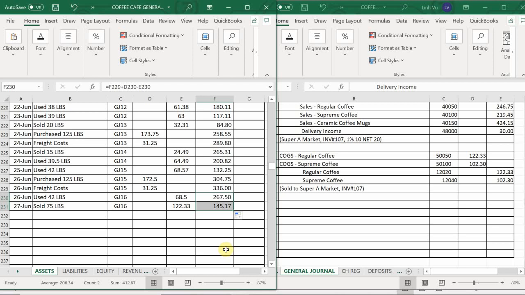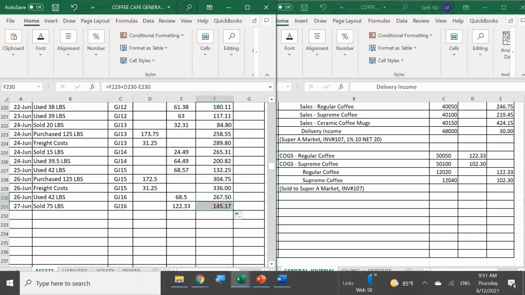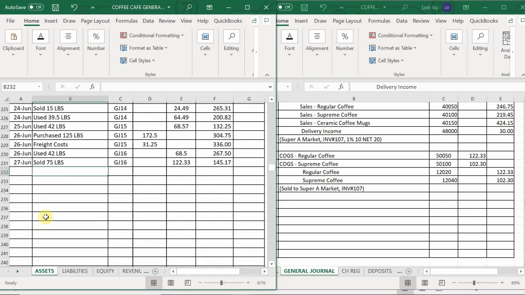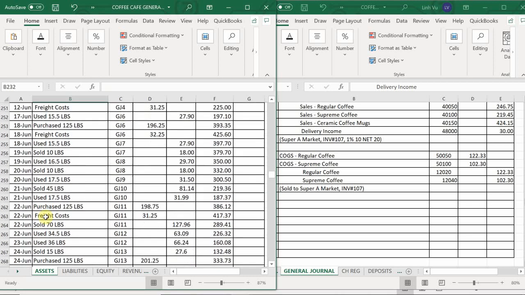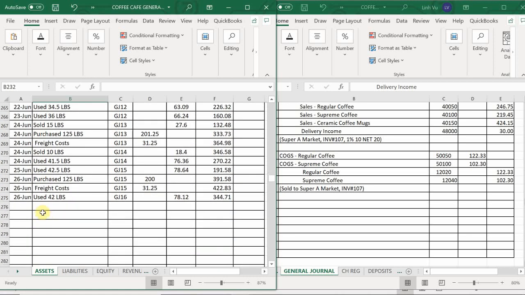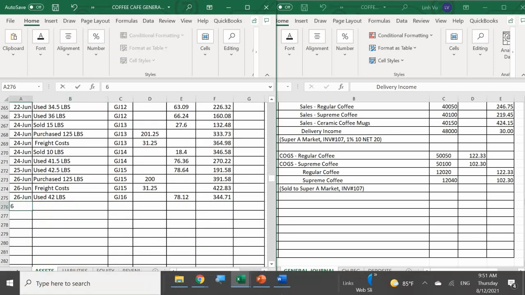And our last account is Supreme Coffee. We sold 55 pounds. General Journal 16.